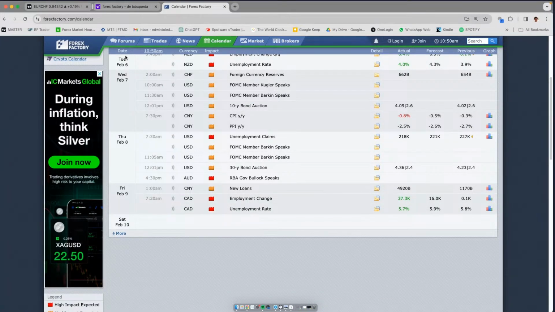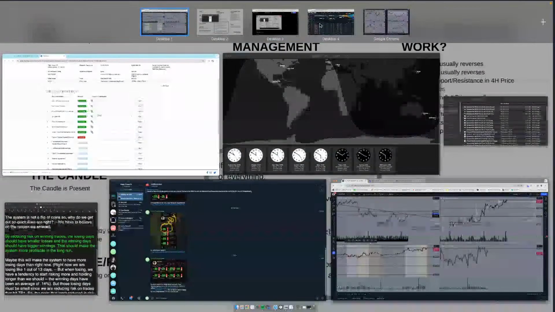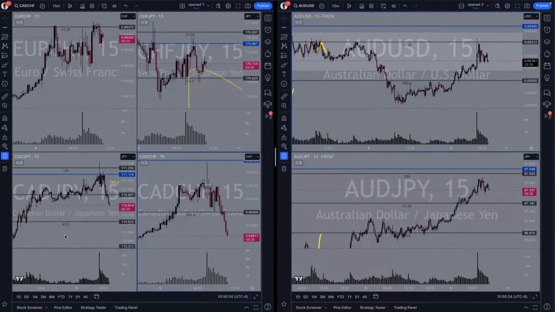CAD was strong. Fridays tend to do rather crazy moves. I hadn't noticed it was a Friday, and I don't tend to hold trades on Fridays.